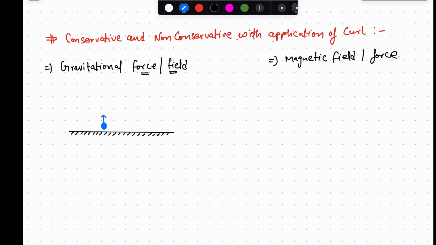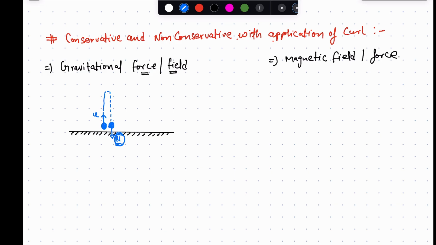So if we throw with u velocity in the upward direction, it is going to go up, and then it will return back on the ground. Tell me what will be the velocity when it returns back. From the kinematics, or otherwise Newton's laws of motion, you can find out that the speed while it is returning is also u.